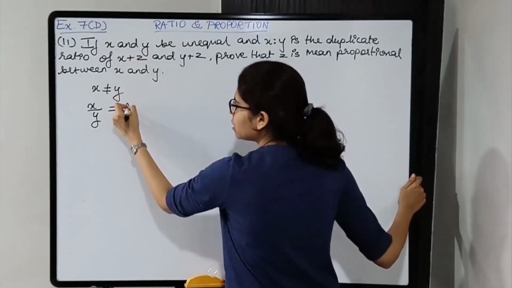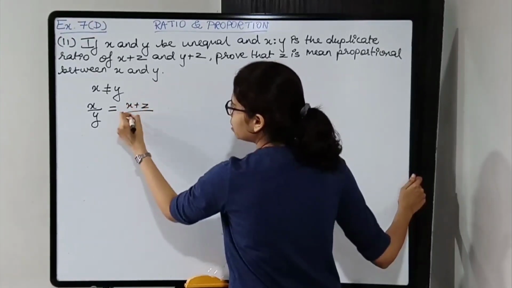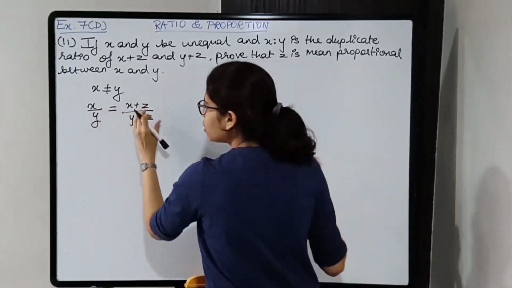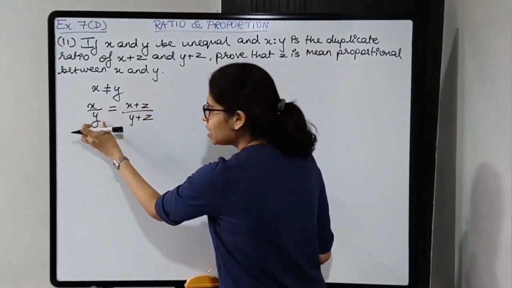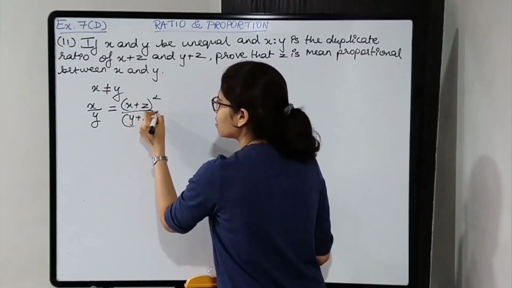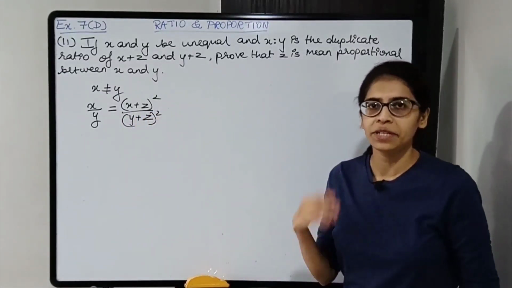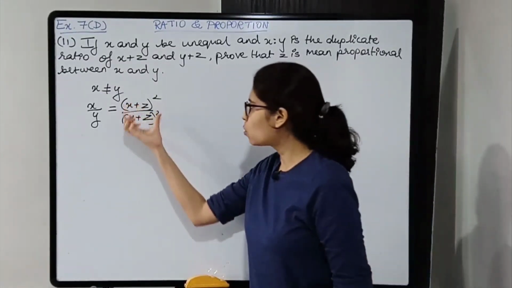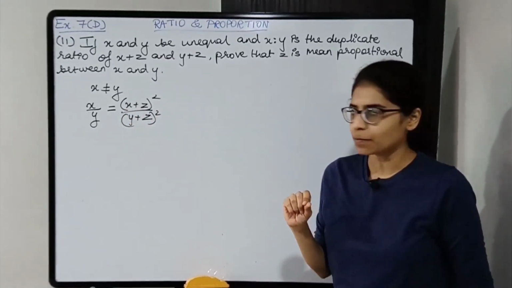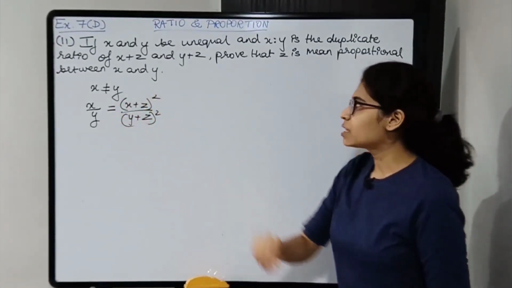First one is in numerator, second one in denominator. Okay, duplicate ratio of this, this is duplicate of this, so you'll duplicate this, that is square this. Duplicate means squaring, so you'll square the numerator and denominator of the ratio. Okay, all this information is given.